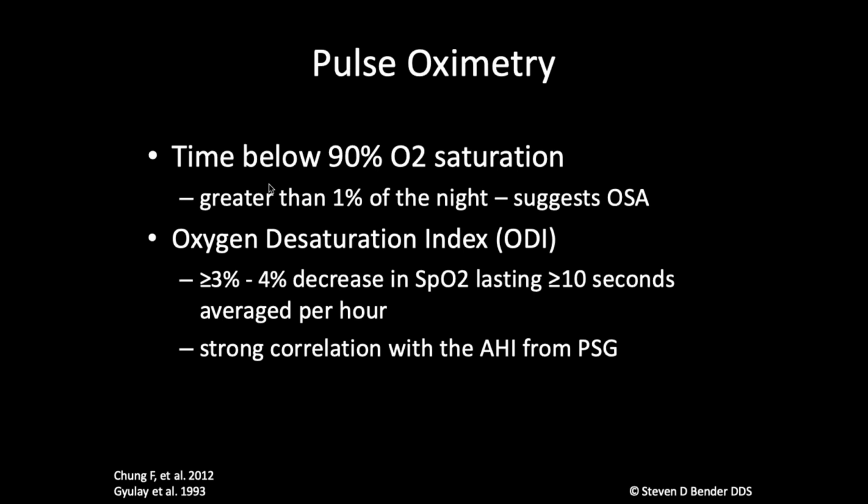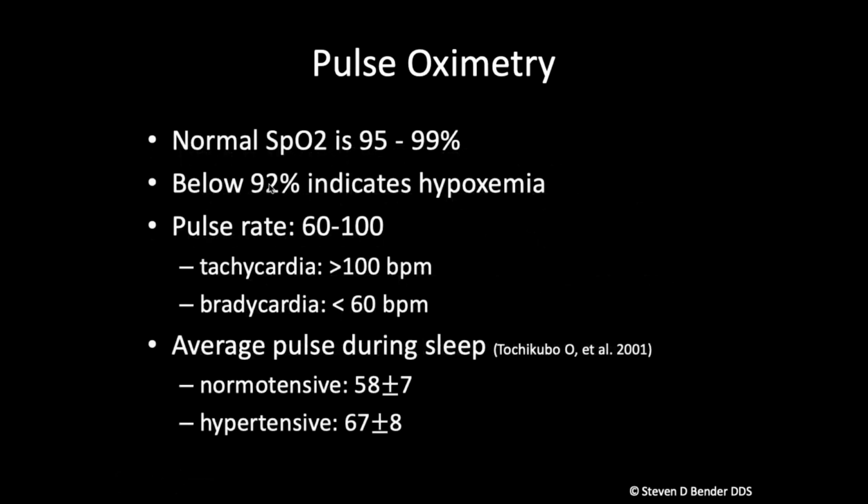And if you remember, that's very similar to the apnea hypopnea index, where we have a decrease in airflow along with a drop in oxygen saturation that lasts at least 10 seconds. So what are normal parameters? Well, normal oxygen saturation should be 95 to 99%. So a good thing to do, knowing that, is when you hand it out to a patient, as we do, we will put it on and make sure that they are measuring normally, 95 to 99%.